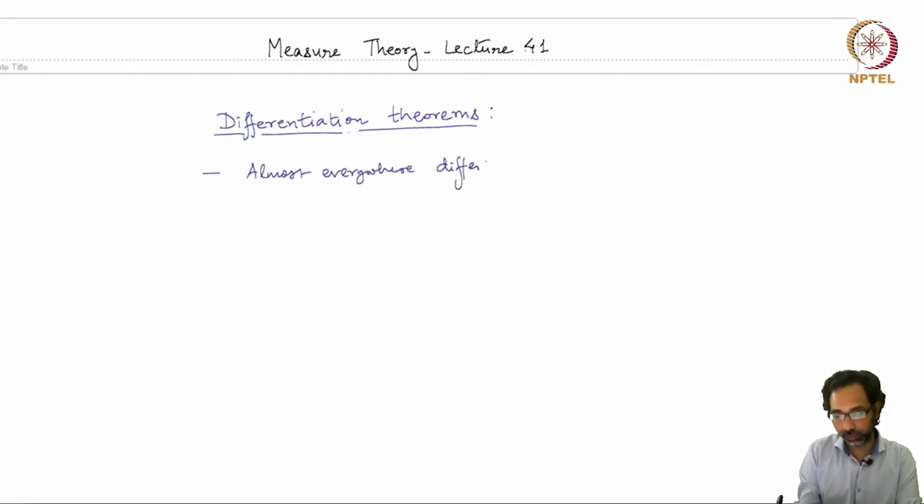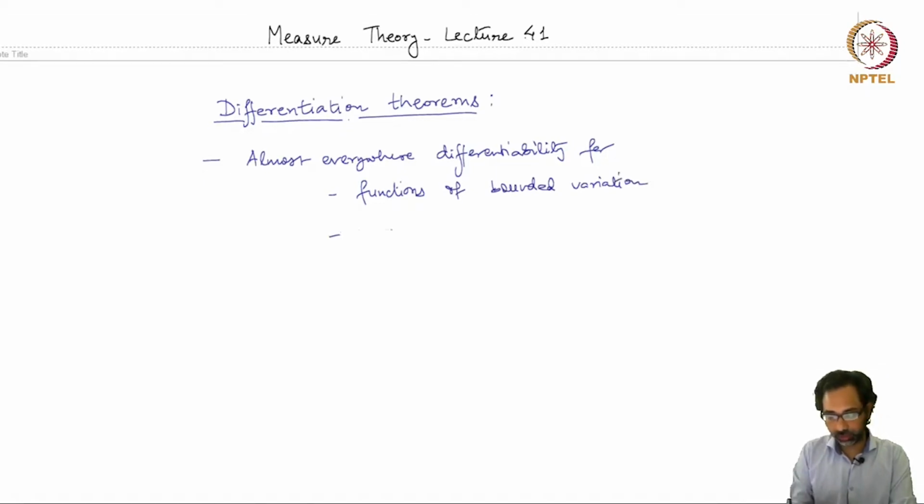So we will see almost everywhere differentiability for functions of what are called bounded variation, functions of bounded variation, as well as functions which are monotone, so either monotonically non-increasing or monotonically non-decreasing.